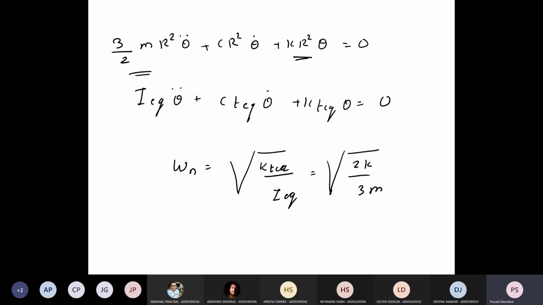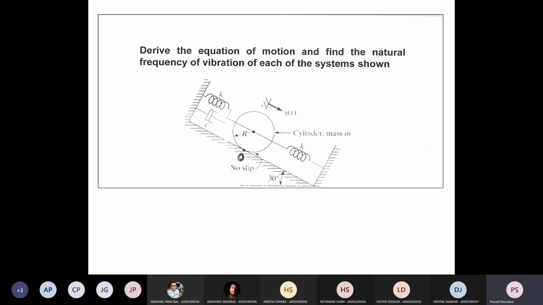So let's do some more examples on similar systems. Derive the equation of motion and find the natural frequency of the vibration for the system shown.